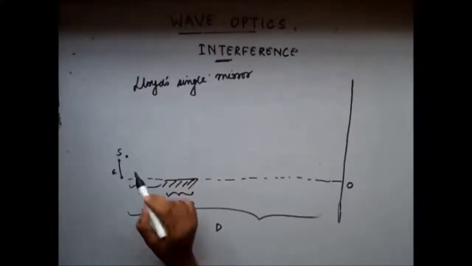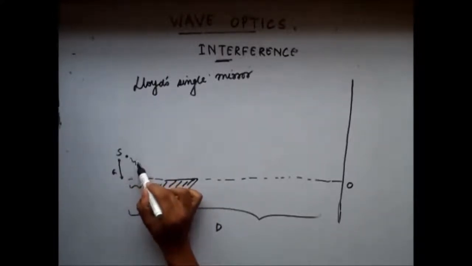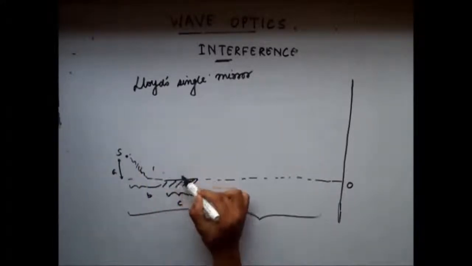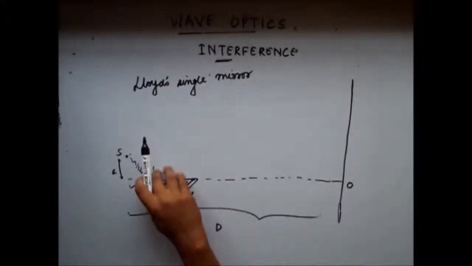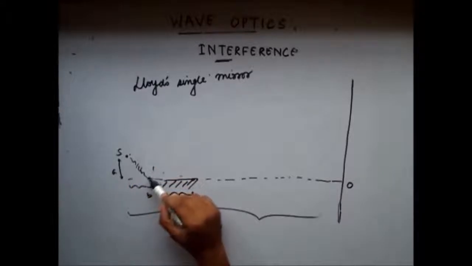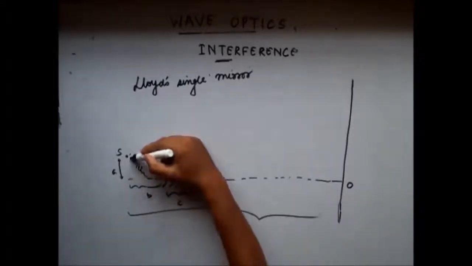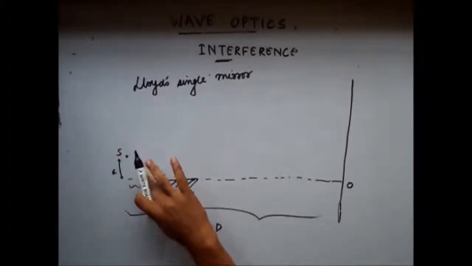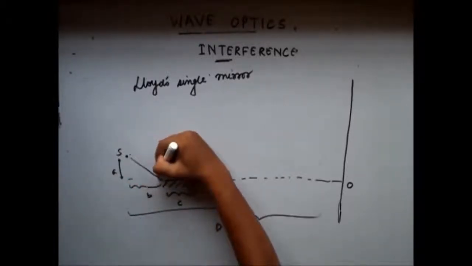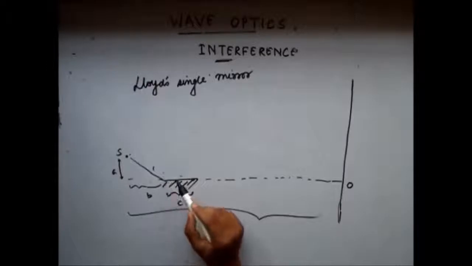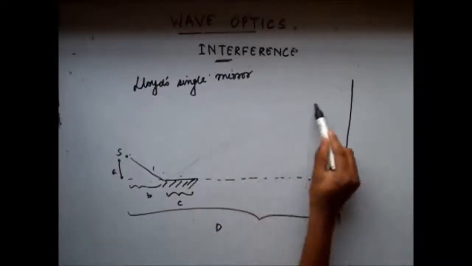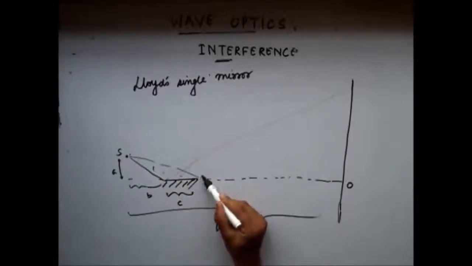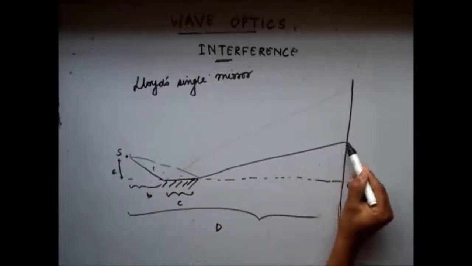What happens is, the light waves also strike this mirror, and it gets reflected from this mirror. So let's say light waves strike here, at this corner, it gets reflected, let's say like this, and it will strike here, it gets reflected like this.